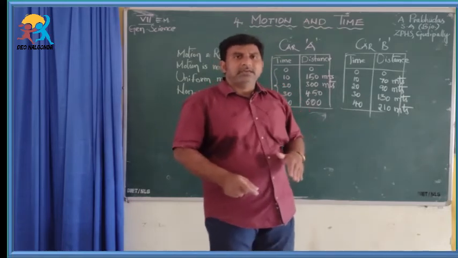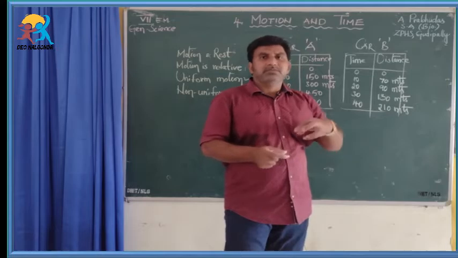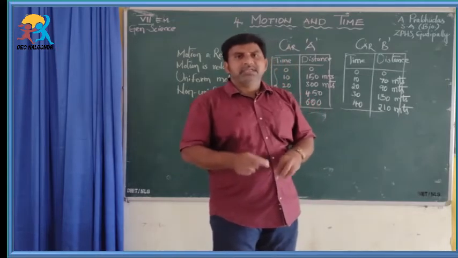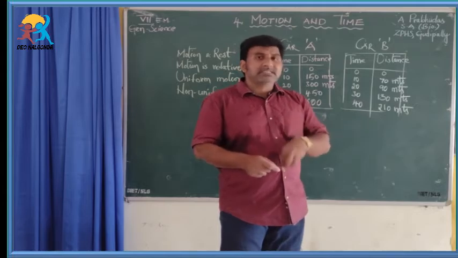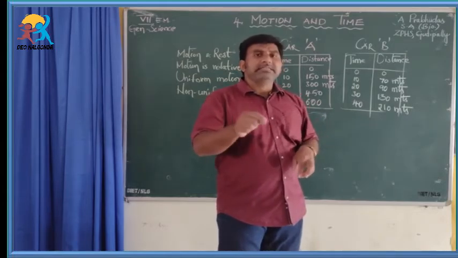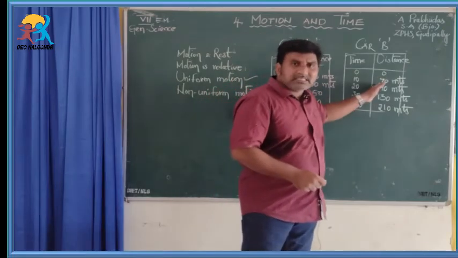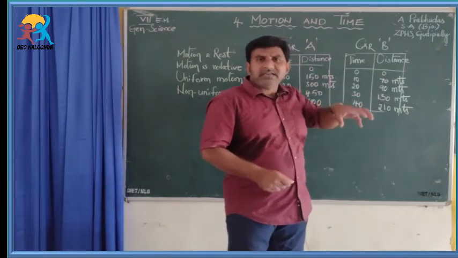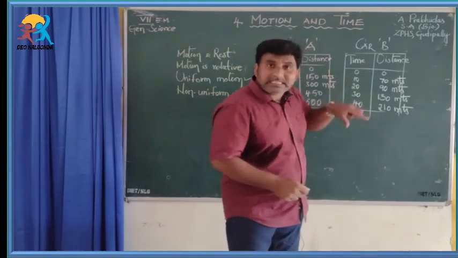So I can define non-uniform motion as: a body is said to be in non-uniform motion if it covers unequal distances in equal intervals of time. So here the car is covering different distances in equal intervals of time.